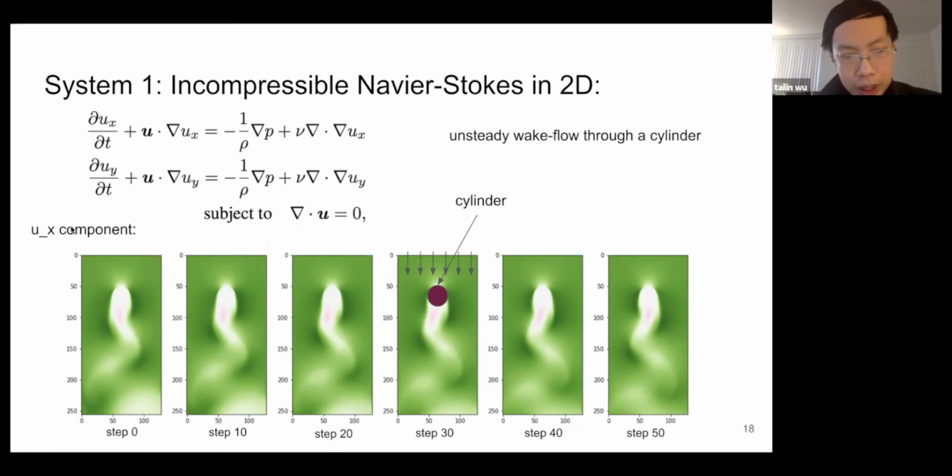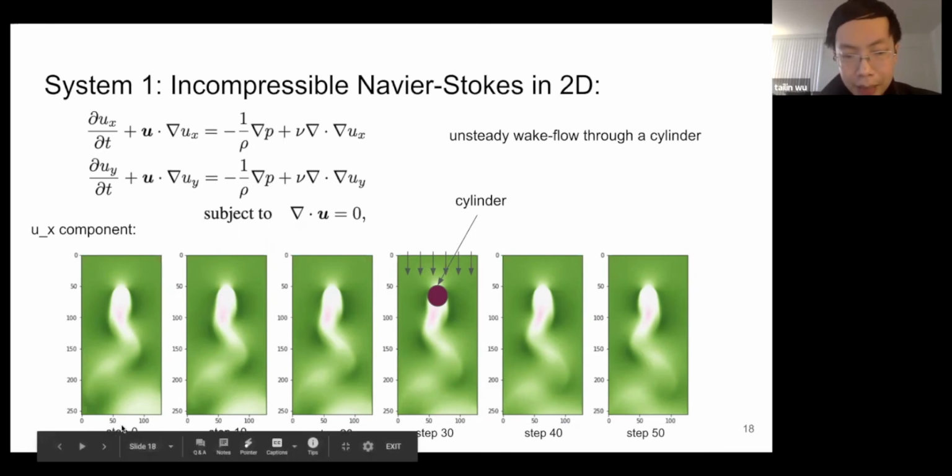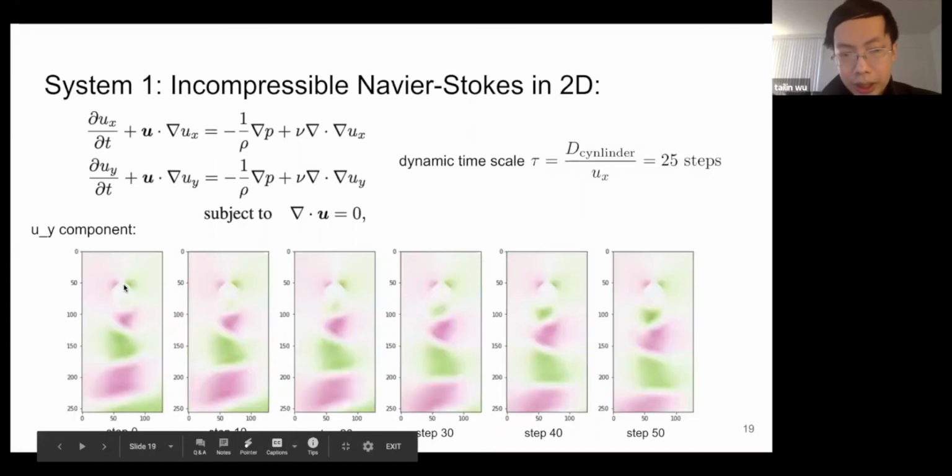What we show here is the ux component. The more green it is, the higher the value, where white is 0 and red is negative. Here are steps 0, 10, 20, and so on for the ux component, and here is the uy component.